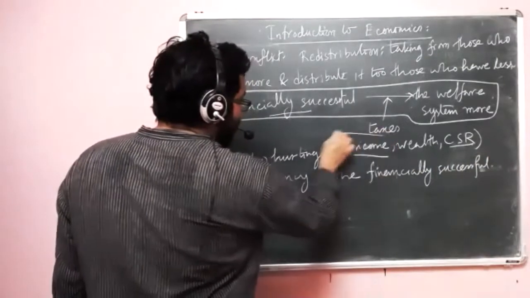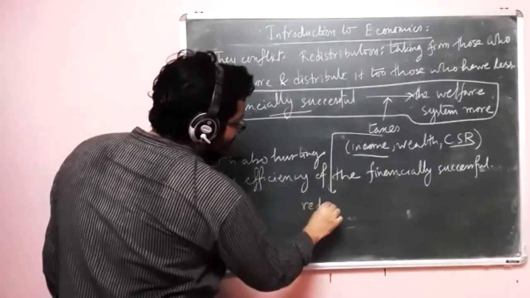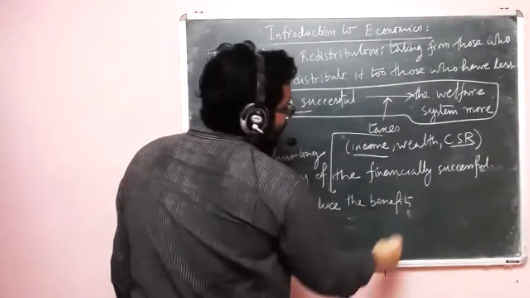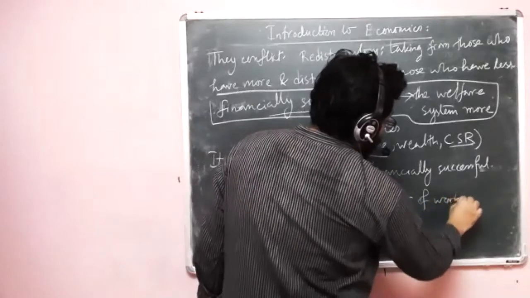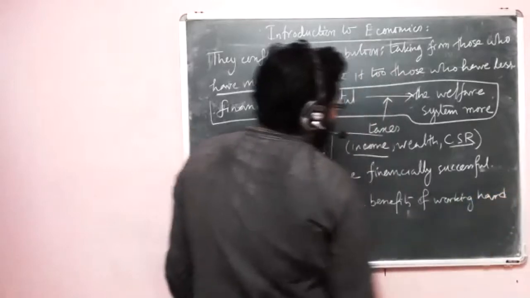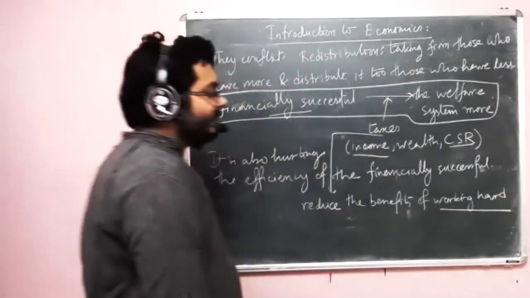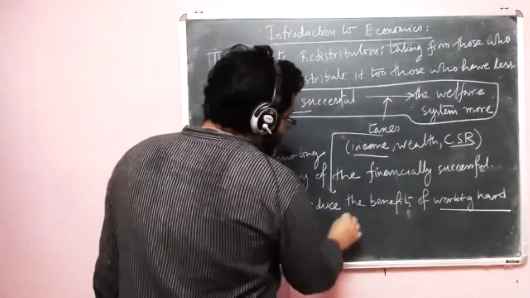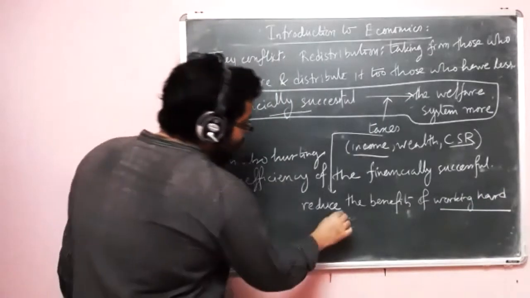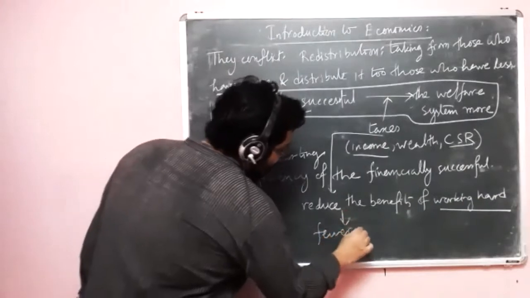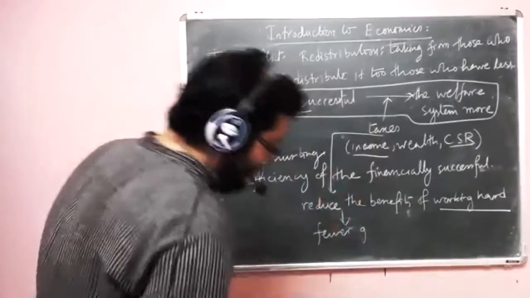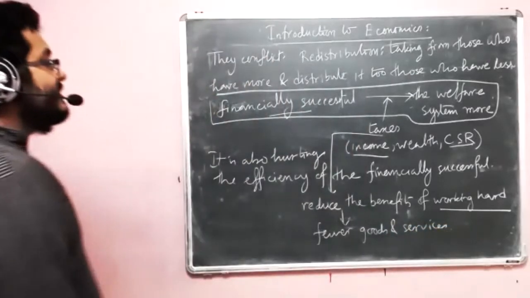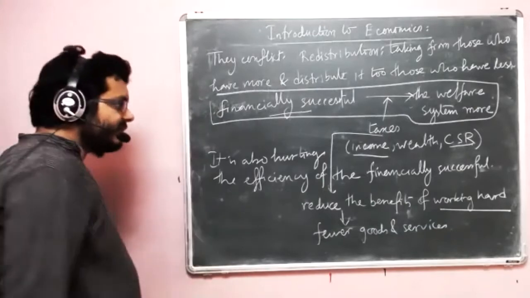Simply tax. What tax does is that it reduces the benefits of working hard. Right? So it works as a disincentive of working hard. And given that, what will happen? People will not work hard, which will result in fewer goods and services. Okay, so this is the way of understanding probably the conflict of efficiency and equity.